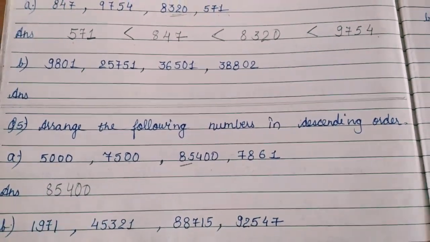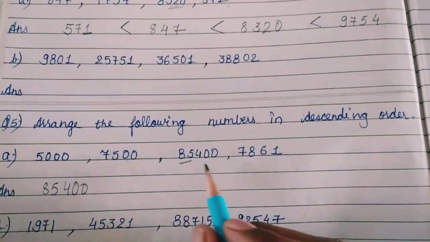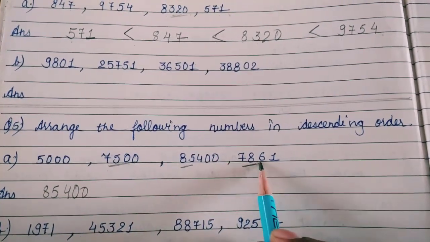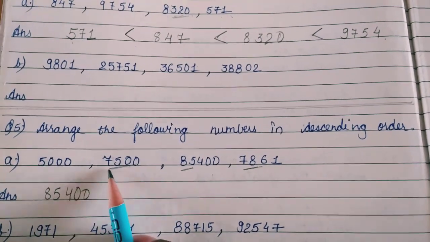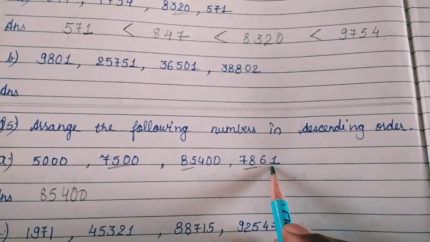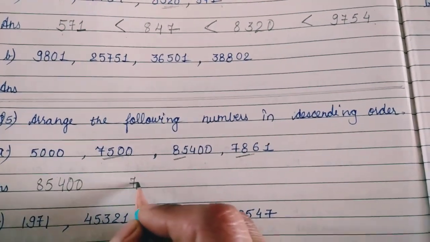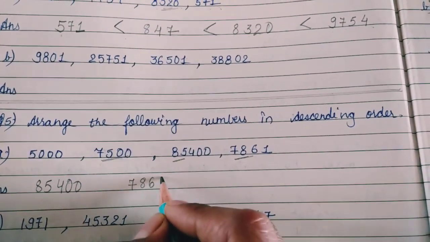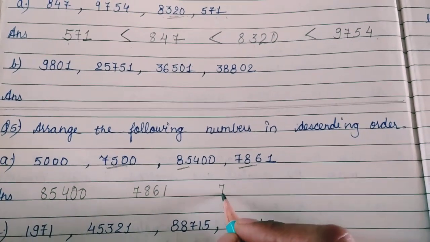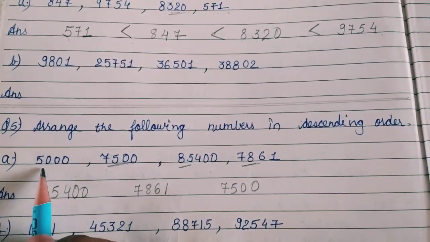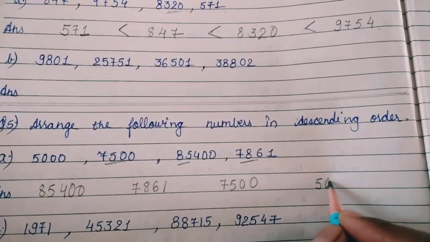After 85,400 we have 2 numbers, 7,500 and 7,861. Simply you can see 7,861 is greater than 7,500. And lastly we will put 5,000.